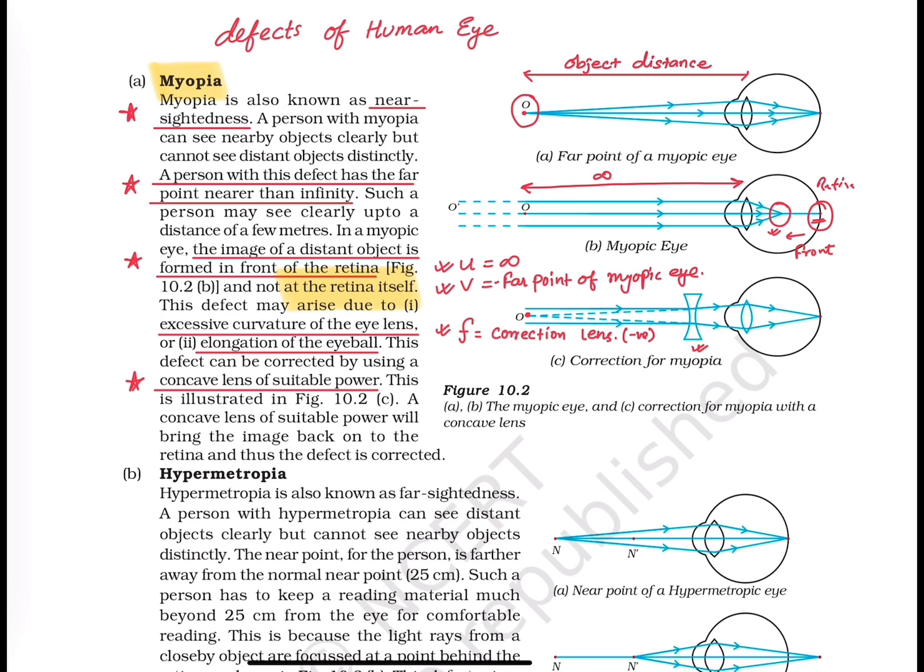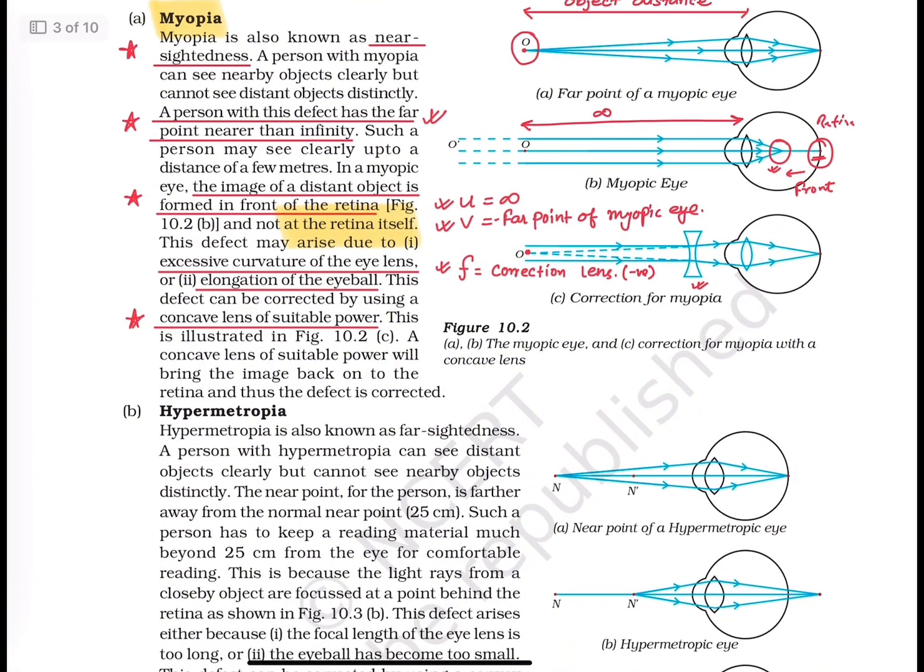Again, a person with myopic vision has a defect, and because of this defect, he can only see objects that are near to him, and he cannot see objects at infinity. Third point of importance is that the image is not getting formed on the retina, it is getting formed in front of the retina. So we have to remember where the image is getting formed.